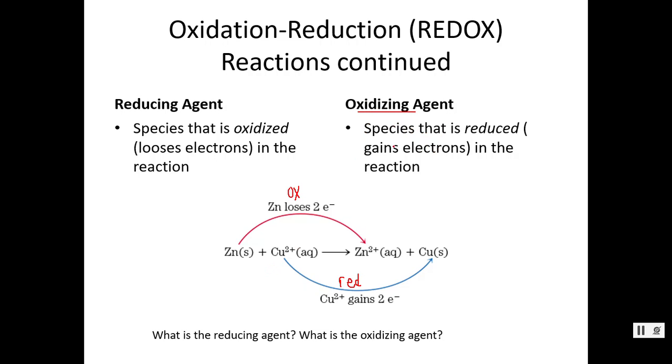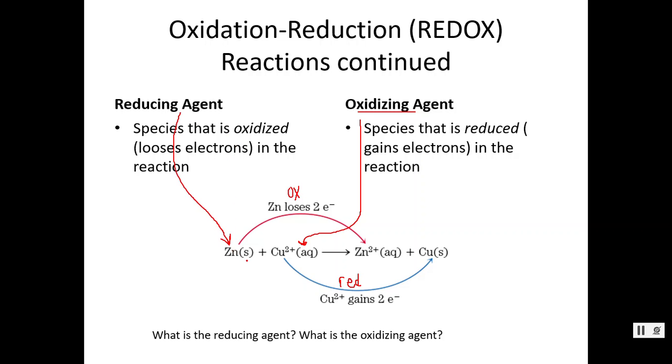So what is that oxidizing agent in this reaction? That oxidizing agent is what's reduced, which is the copper. Similarly, the reducing agent is what is oxidized. And what was oxidized in this reaction? The zinc. So the zinc is the reducing agent.